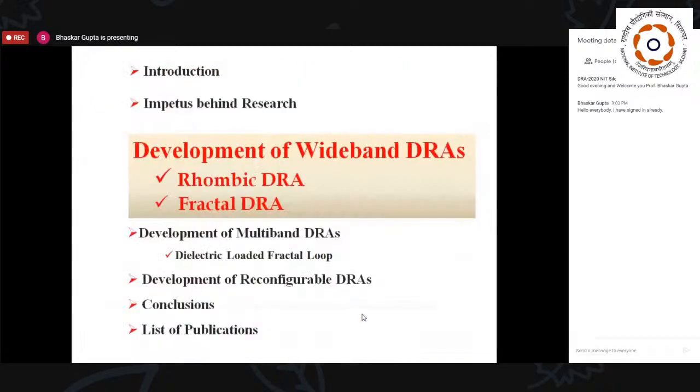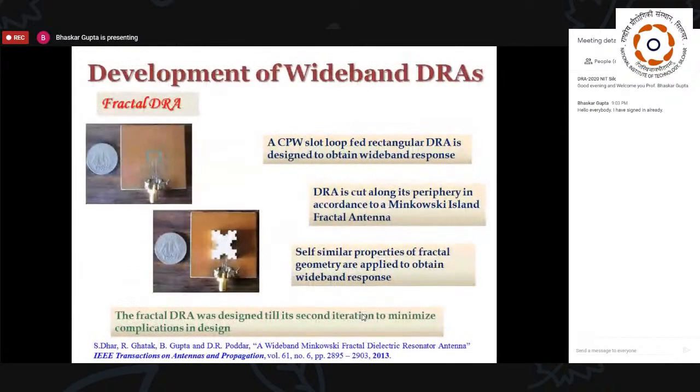I believe here. So then I go to the broadband DRA development using the fractal concept. What is a fractal? We know that fractal has self-similar properties which you observe in snowflakes or leaves. And nature is very, very fond of fractals.